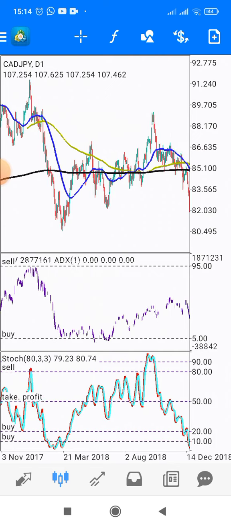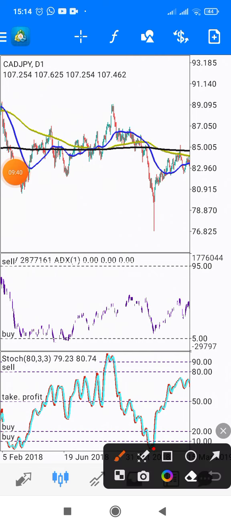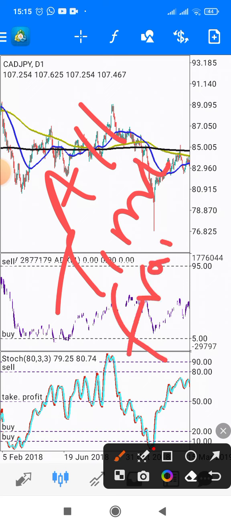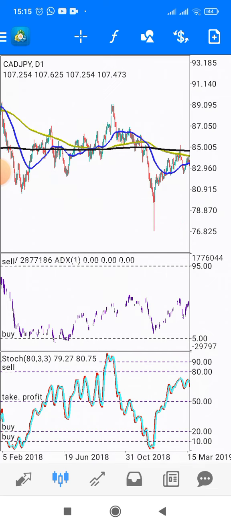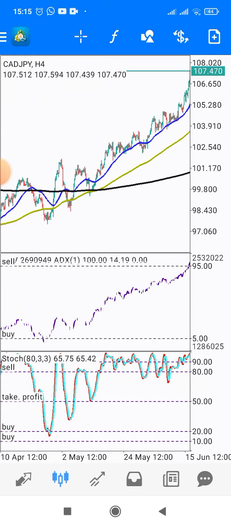After setting up your chart like this, what you have to know is that this works on all time frames. It will work very, very well.